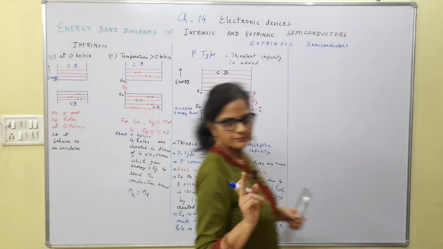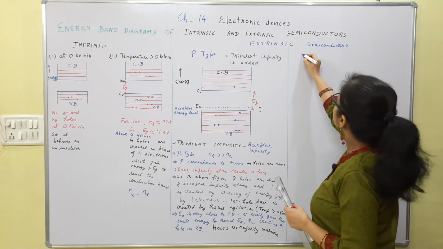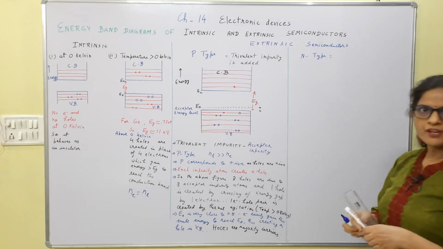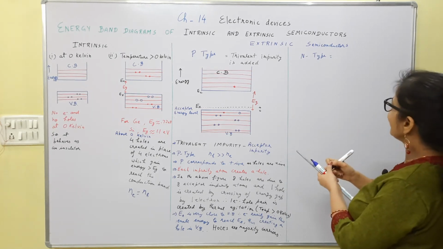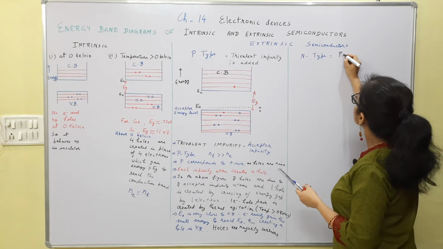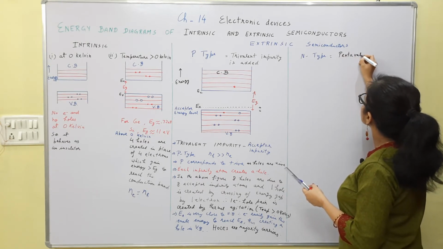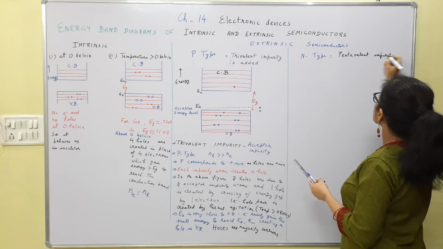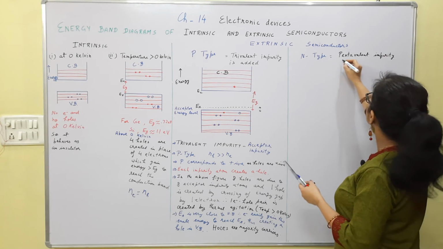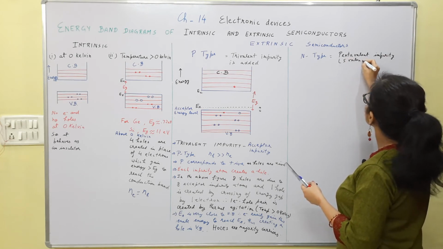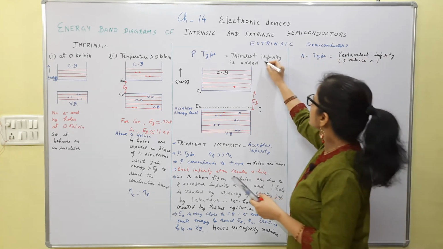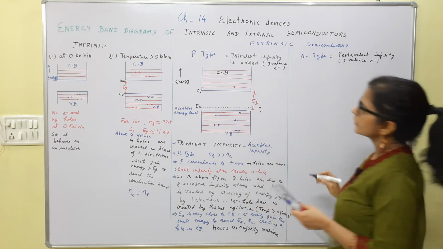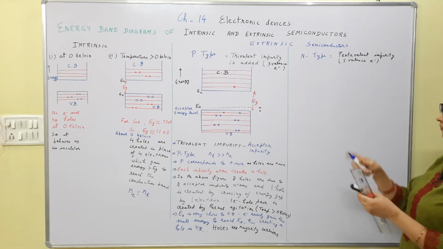Now we talk about n-type semiconductor. We know that in n-type we have pentavalent impurity. That means 5 valence electrons. Here we know there were 3 valence electrons. Now what happens in this case?